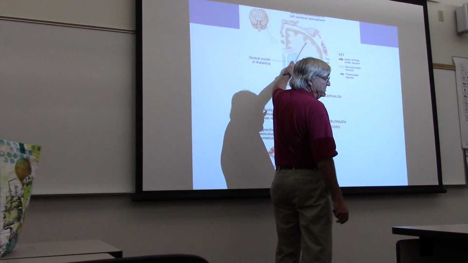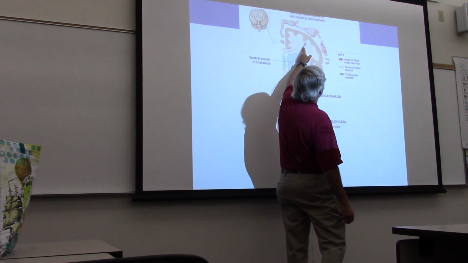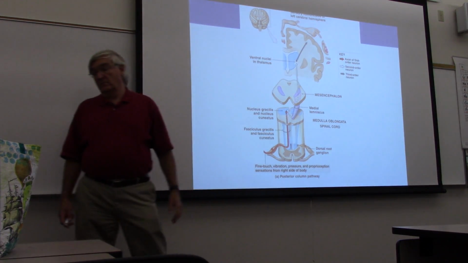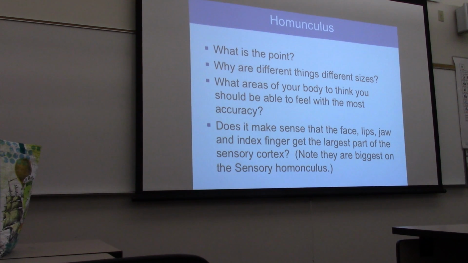Thalamus is the way station. It decides whether the message is going to get transported on. And so this is the third order neuron right there going on up to the brain, to the cerebrum. What's the point? Well, I've just made these points. It's the face, lips, jaw, index finger that get the largest part of the sensory cortex.